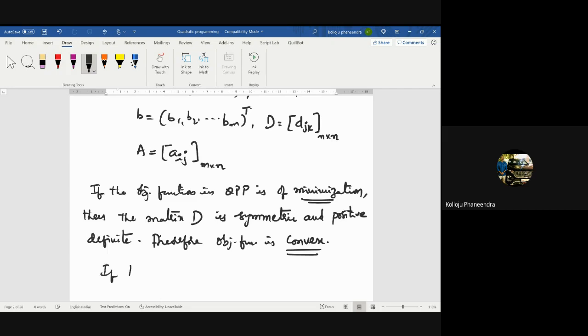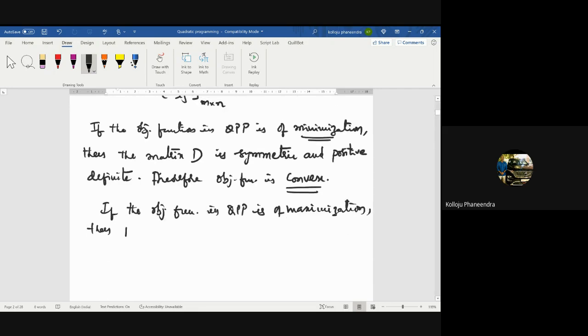Next, if the objective function in quadratic programming problem is of maximization, then the matrix D is symmetric. Definitely it must be symmetric.